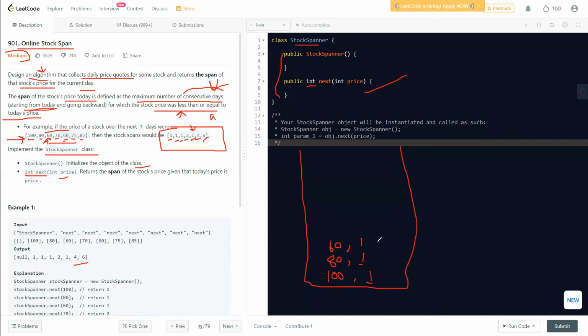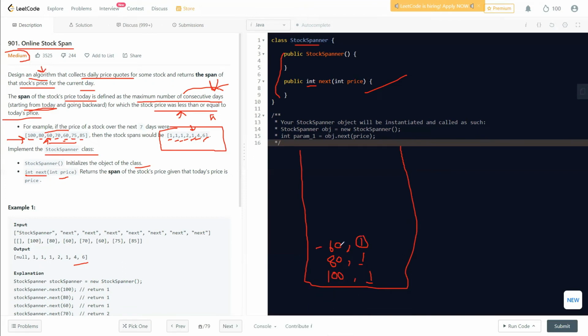Next, we find 70. Whatever is at the stack top, we check whether our current price, which is 70, is greater than the stack top. 70 is greater than 60. If 70 is greater than 60, what will we do? We check the value corresponding to 60 and add 1 to it, because of today's price, which is 70.